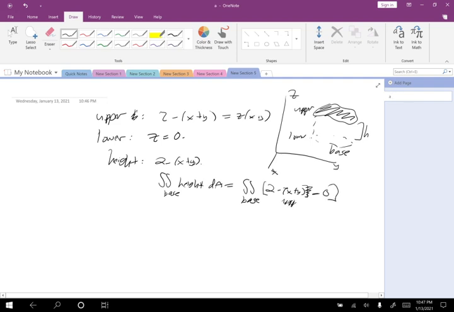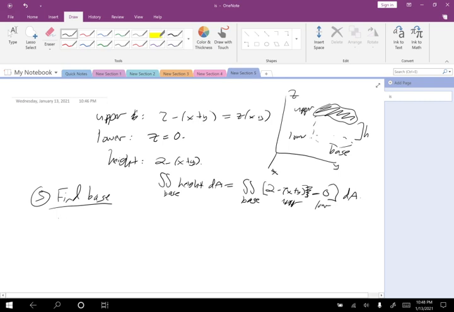This is the upper, this is the lower. Okay? So now we need our base, and I believe we are on step 5 now. So just find the base. And this is just an ordinary double integral, from when you were doing double integrals, this should be familiar.